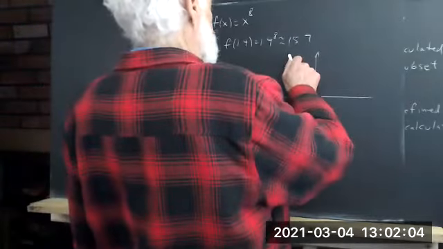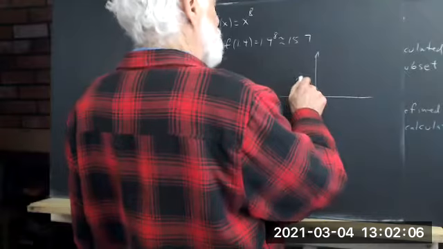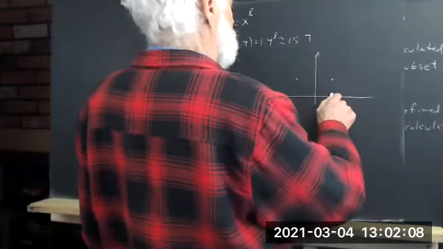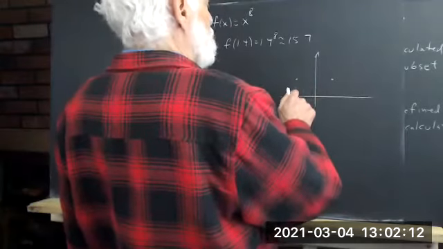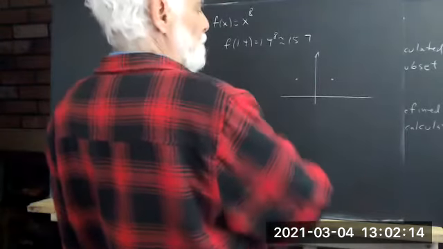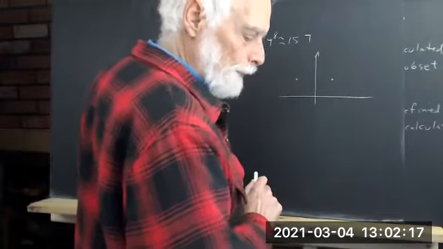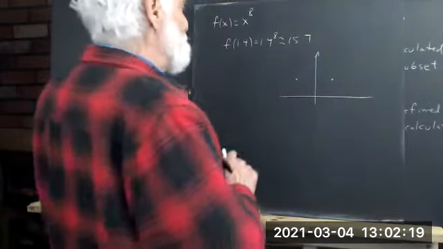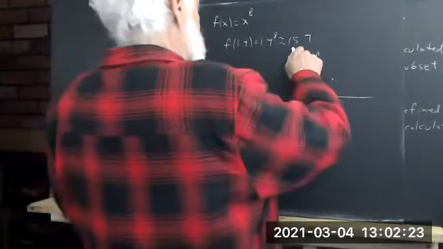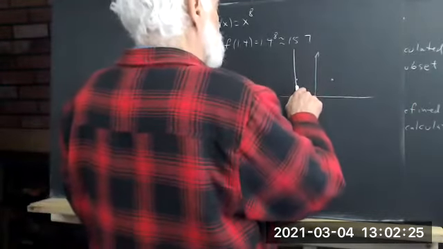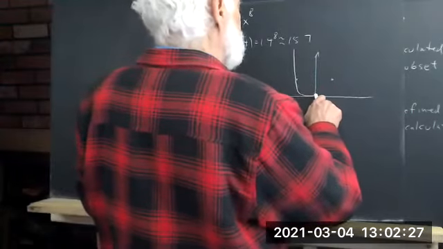The graph of x to the 8th is going to go through negative 1, 1, and 1, 1, but then it's going to go through like negative 2, 256. And I don't expect you to be able to find 256 on this graph. So it's going to be very steep here, and it's also going to be very flat down here.